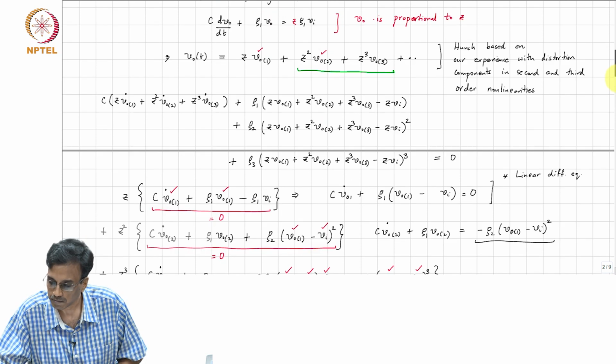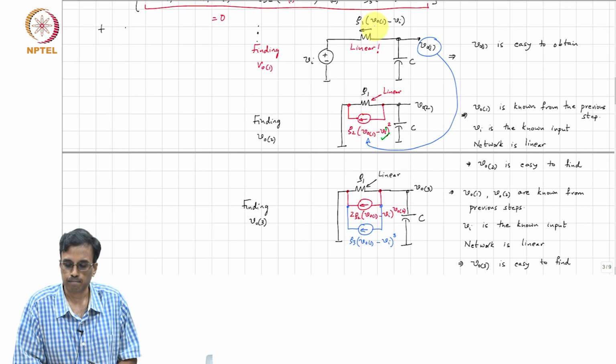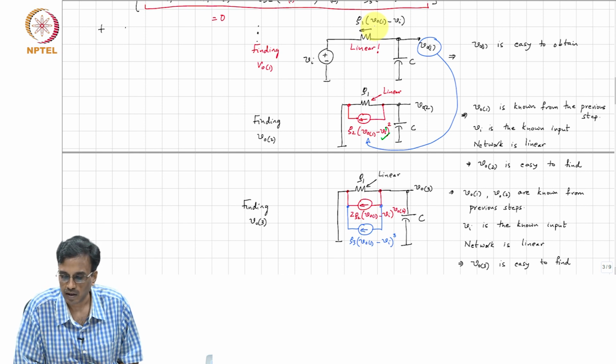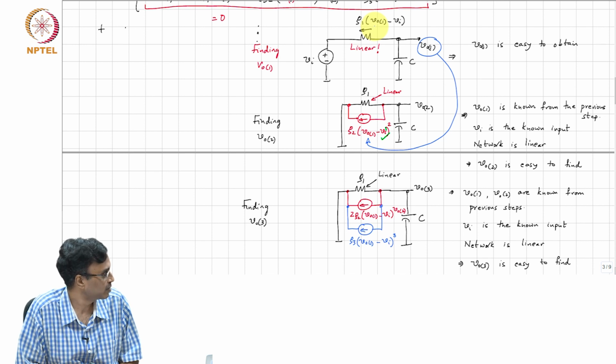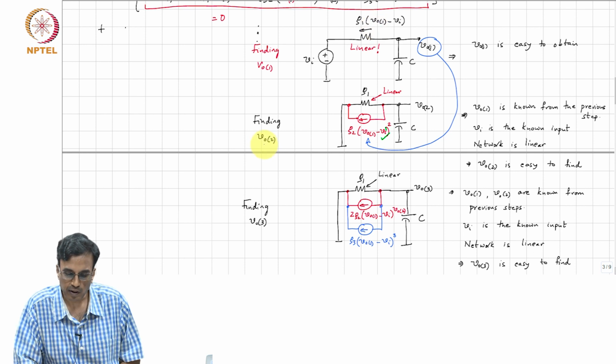And as you can see, the first order term is that V01 is simply the linear output. To get V02, what are we doing?